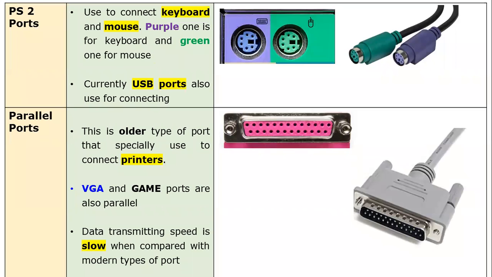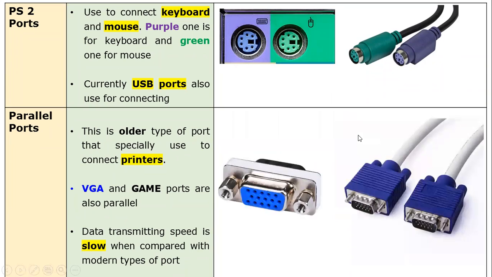Dot matrix printers, I think you have heard about them, produce a very high sound while printing and the quality is very low. If you have a dot matrix printer and want to attach it to the computer, use that pink color port.